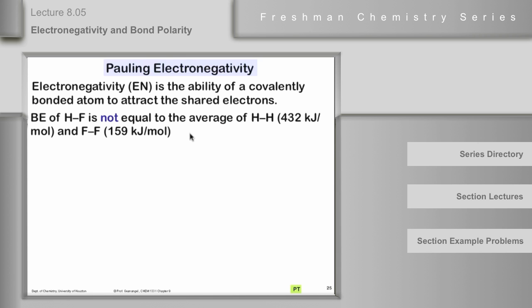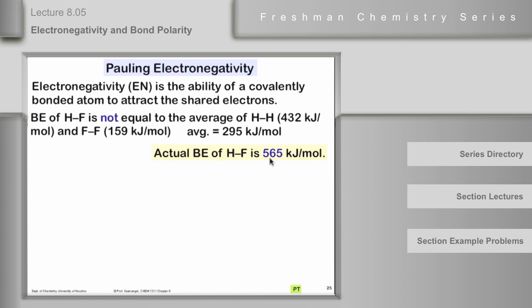But if that were the case, that averages out to about 295. We would predict for the covalent bonding a bond energy of HF a little less than 300. But in the laboratory, the actual bond energy of HF is 565.